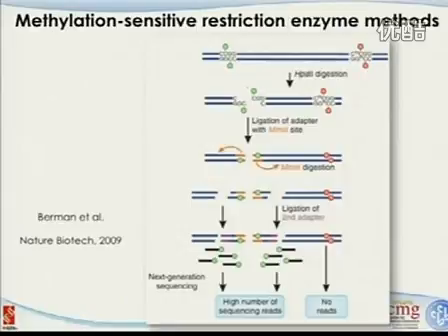the methylation-sensitive restriction enzyme methods. So what happens is there are some restriction enzymes that will only cut the CGs that have not been methylated. So if you use the enzyme to treat this, and this part is unmethylated, it will be cut.